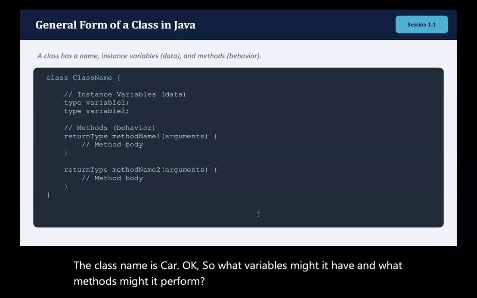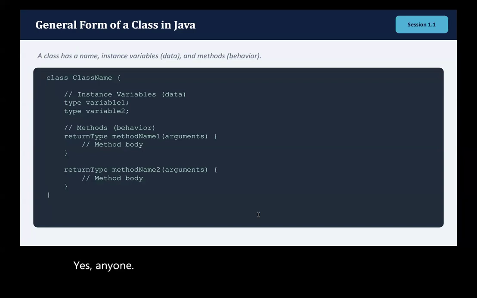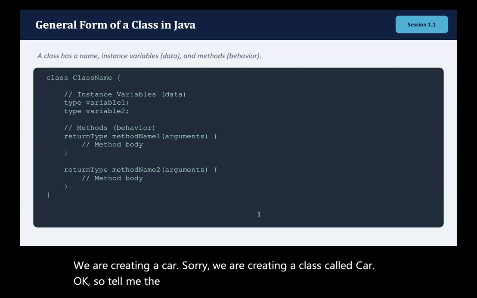We are creating a class called car, so tell me the variables and the methods of that car class.